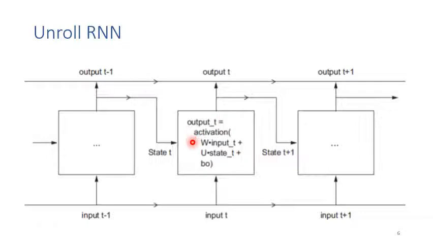So we have two weight matrices, W for input t and U for state t, and one bias. Then we calculate the new output t and save it in the state. We update the output t, save it in the state t, and then pass it to the next stage. Now it's state t plus 1. Then we use state t plus 1 and input t plus 1 to calculate the new output t plus 1.